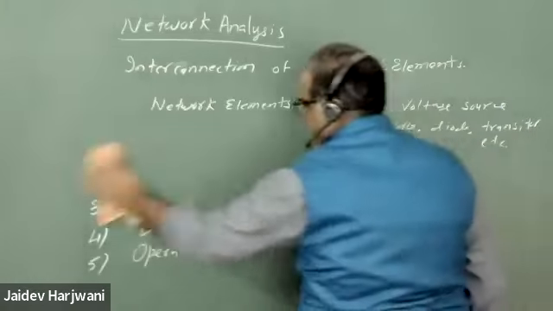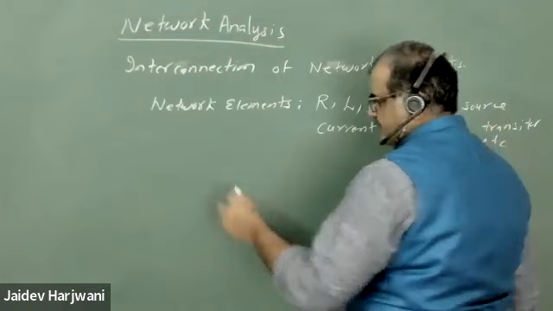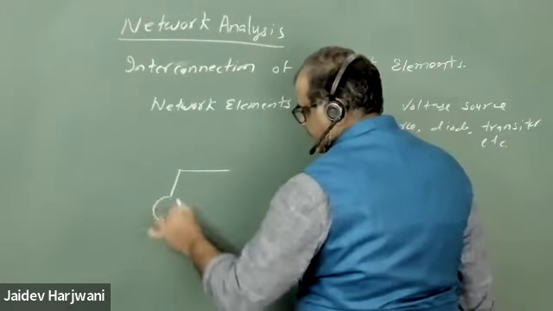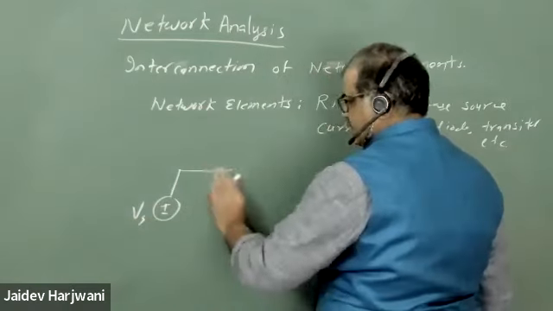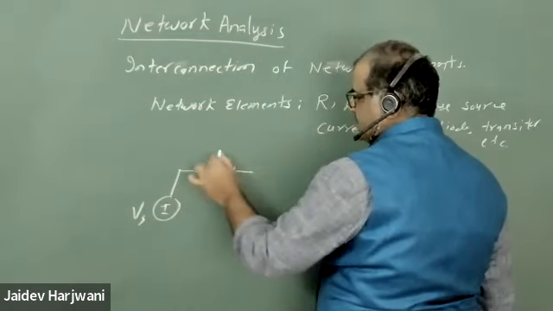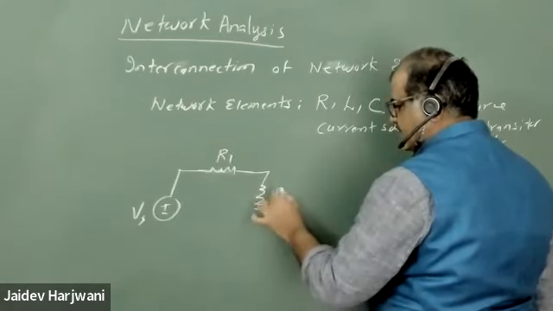Let me draw a network now. Say this is my voltage source. I have a resistance, say R1. Say I have another resistance R2.